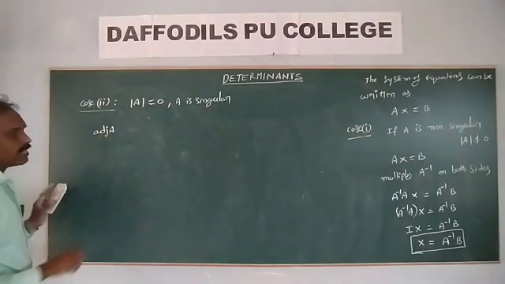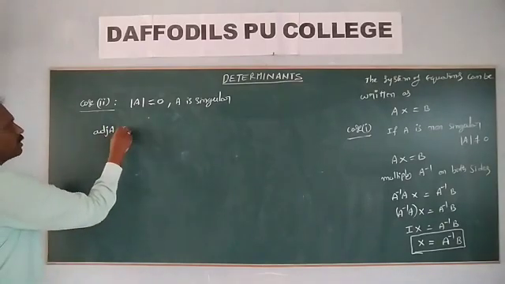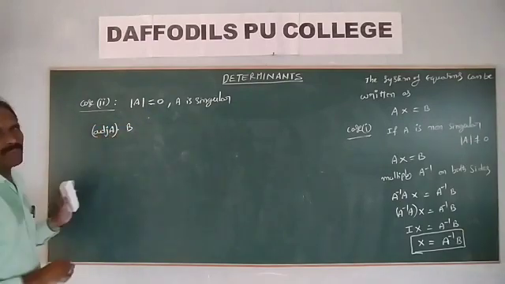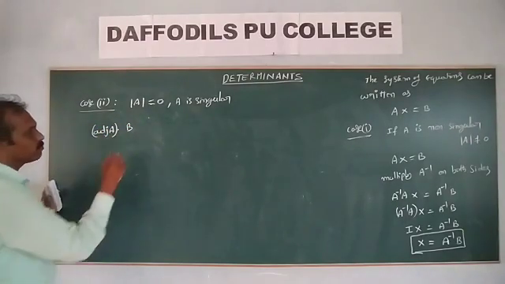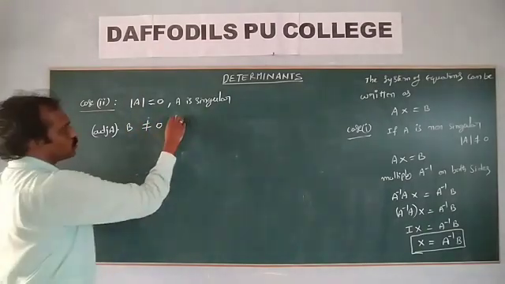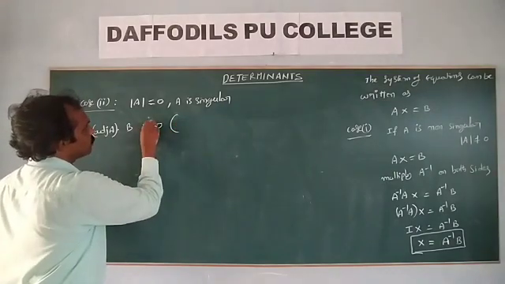Find adjoint A. Next, find the value of adjoint A into B. Adjoint A into B is not equal to 0, not equal to the 0 matrix.